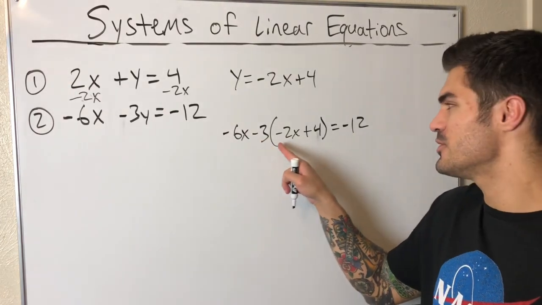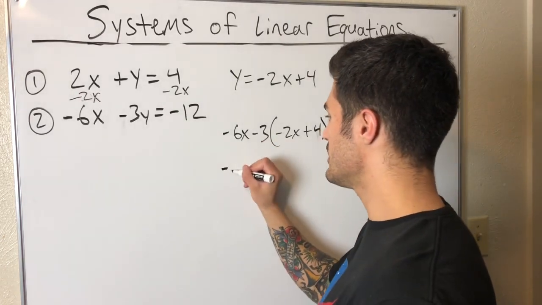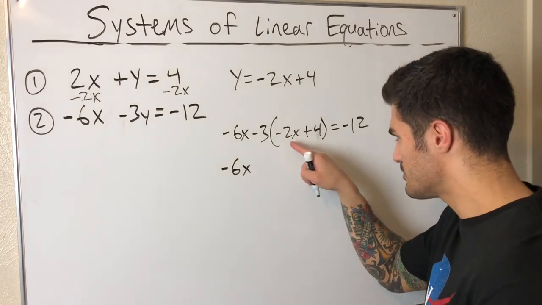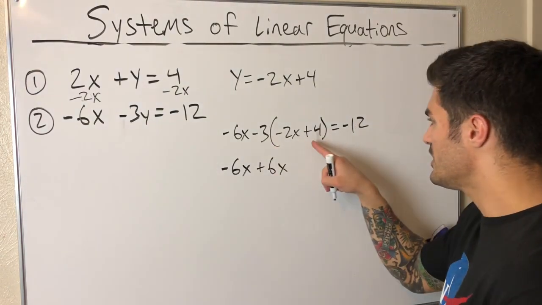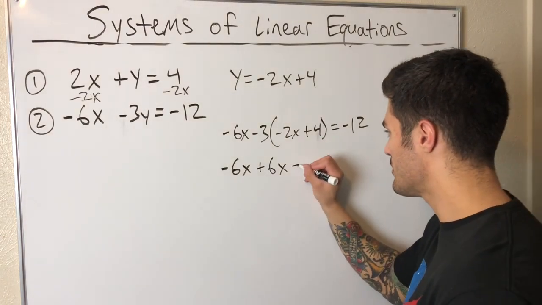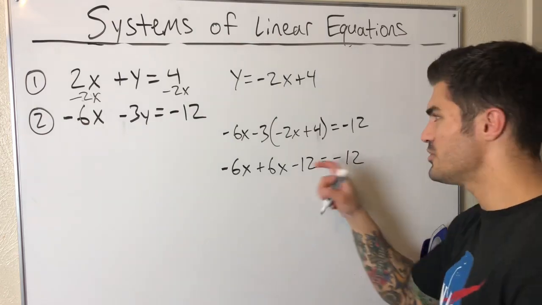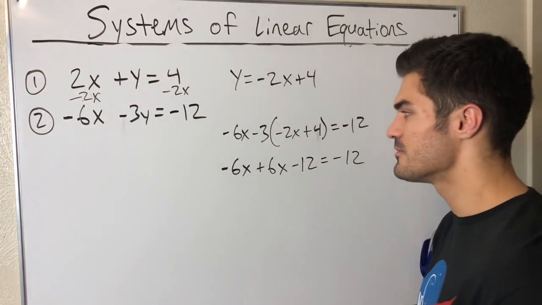Negative 3 distributes to both these terms. So negative 6x, negative 3 times negative 2x is positive 6x. Negative 3 times 4 is minus 12, equals negative 12. So be real careful when you have a negative out in front and you're distributing. The negative comes with it.